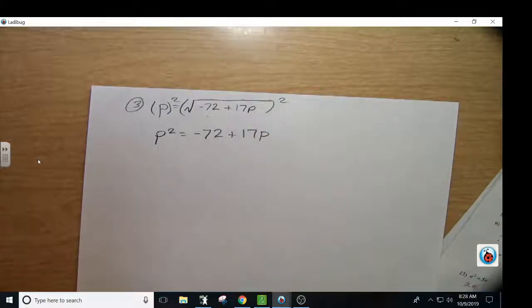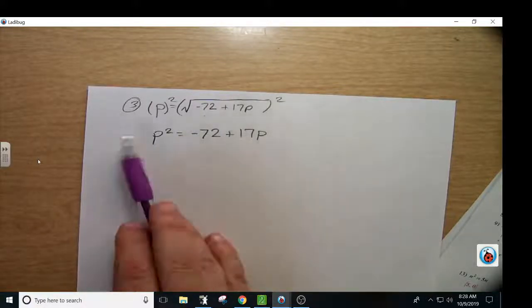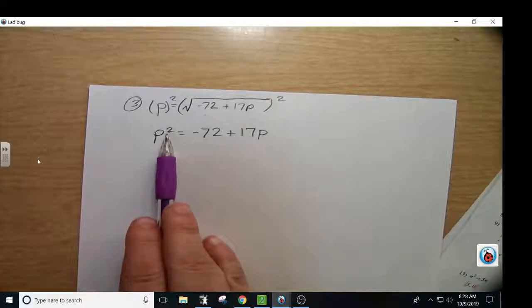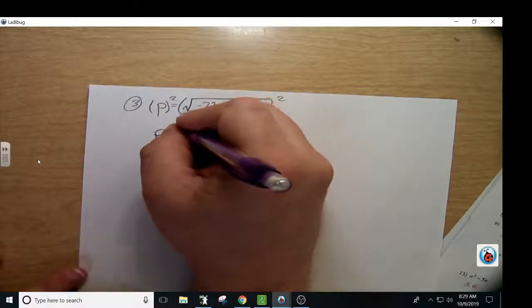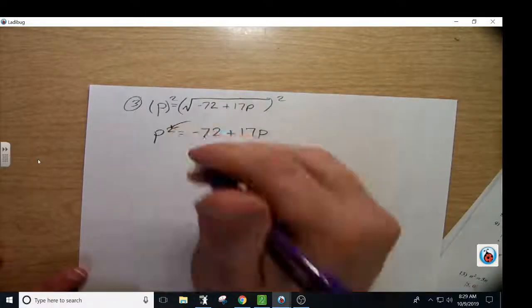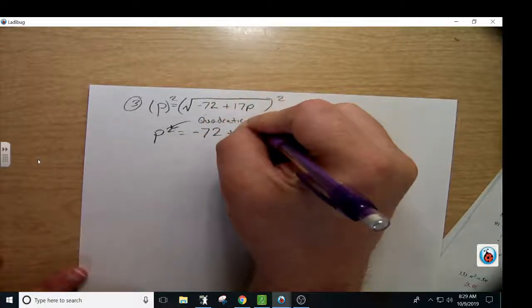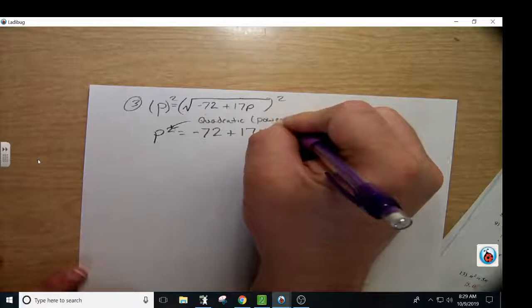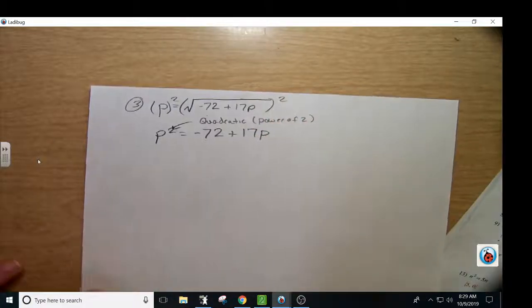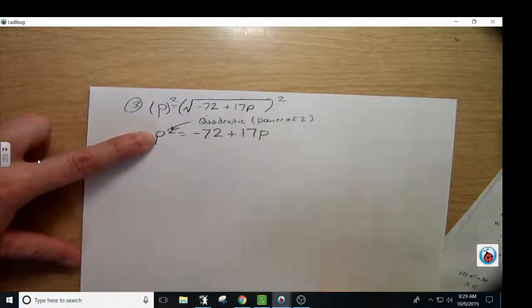Now, what kind of equation has this turned into? If your highest exponent's a 2, that is now what they call a quadratic. And I know that simply because the power of 2. Anytime the highest power you have is a 2, then you've got a quadratic equation. Okay?